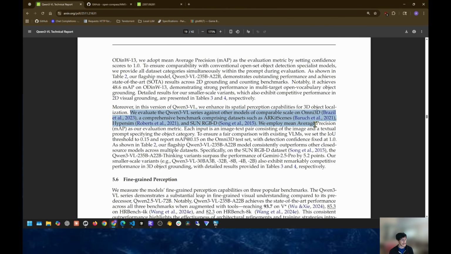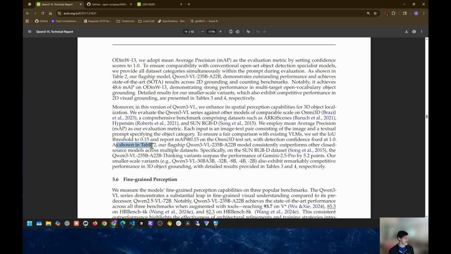We employ mean average precision, mAP, as our evaluation metric. Each input is an image-text pair consisting of the image and a textual prompt specifying the object category. To ensure a fair comparison with existing VLMs, we set the IoU threshold to 0.15 and report mAP at 0.15 on the Omni 3D test set, with detection confidence fixed at 1.0.